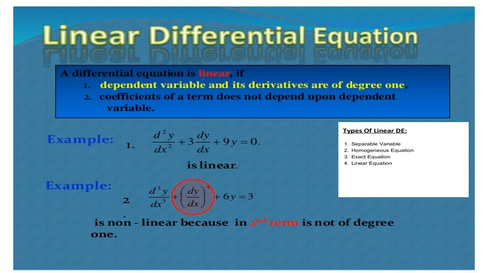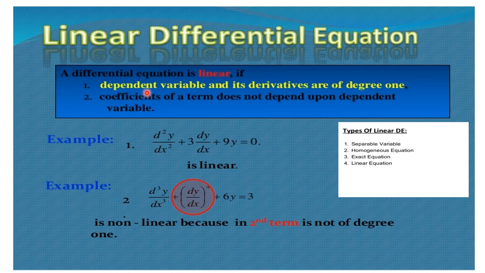Next we have linear differential equation. What is a linear differential equation? A differential equation is linear if the dependent variable and its derivatives are of degree 1. What is the dependent variable? I have already explained in the previous few examples that in our differential equation y was the dependent variable, whereas x was independent, because dy upon dx means y is depending upon x, whereas x is the independent variable.